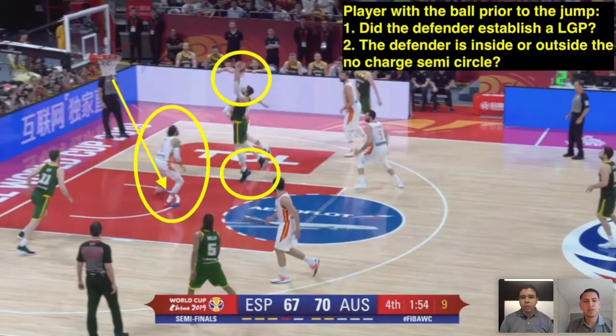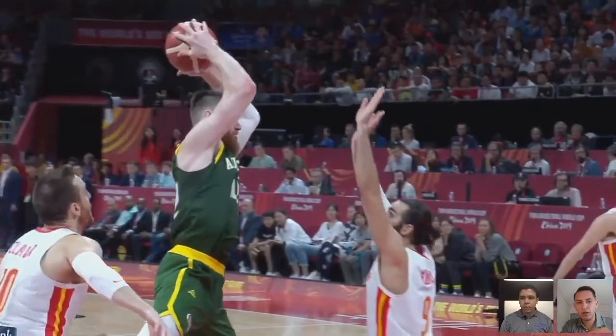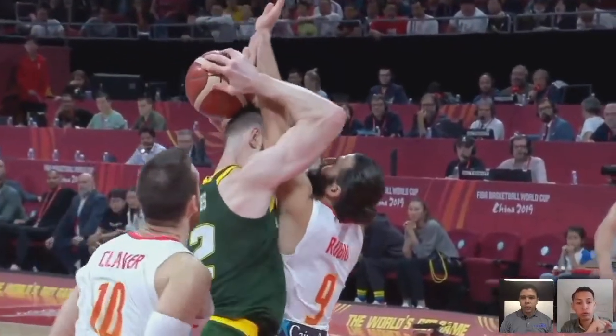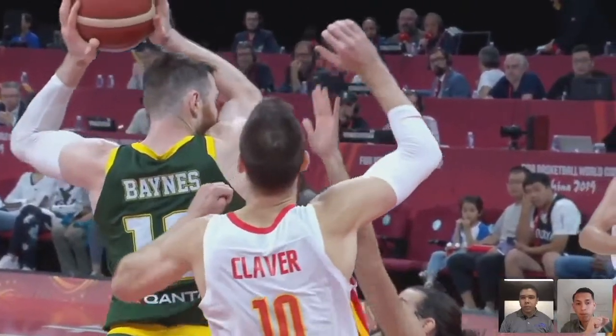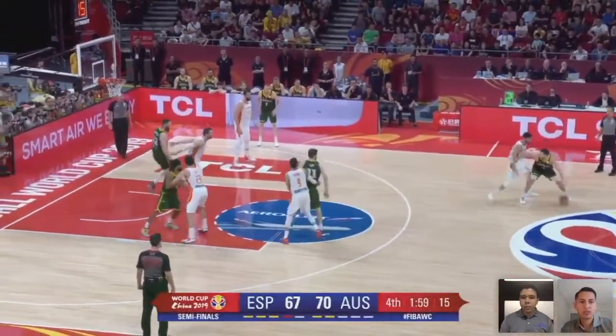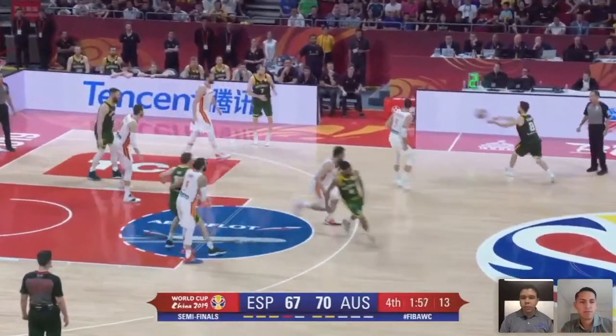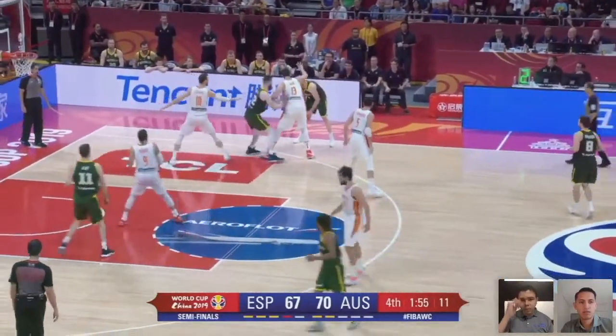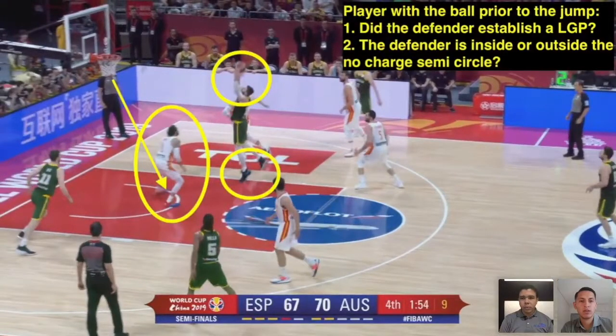Because in this case, if we go a little bit backwards in the video to the time of the screen, when we play from the beginning, just stop at the time of the screen right now. So you see, this is a dual coverage or dual responsibility play. Why?